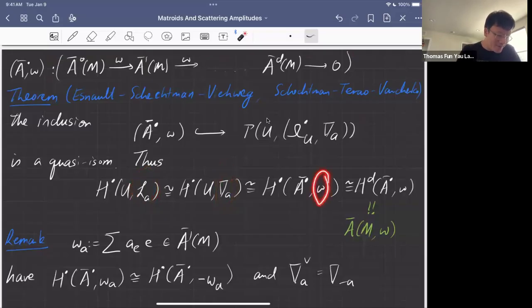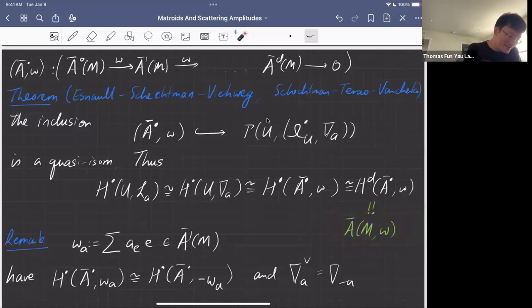I'm using the same omegas inside my Orlik-Solomon algebra. And because of this cohomology vanishing, since I'm still assuming this genericity, only one of the cohomology groups is non-vanishing, and that's this. I'll just call it A bar M comma omega. So that's the cohomology of this complex.